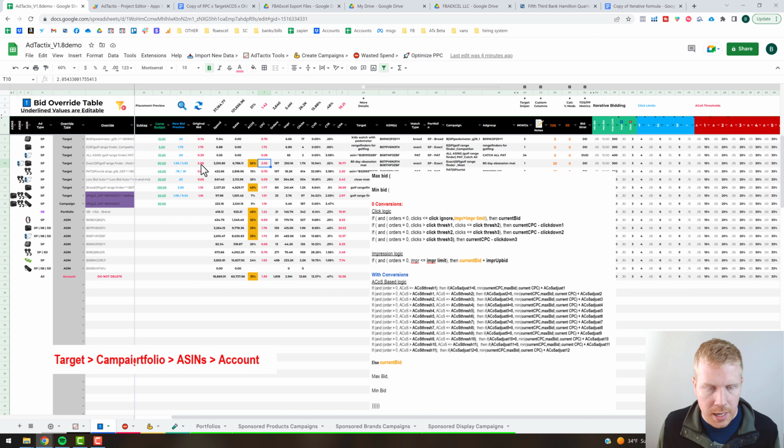So it's going to take $2 minus 5 cents, and that's where you get the 1.95. And then your range here is from the placement modifier of 50%. All right, so hopefully that makes sense. All the rest of them are used the same way. It's just dependent on which ACoS range each one fits in.